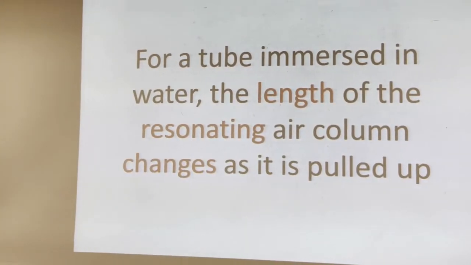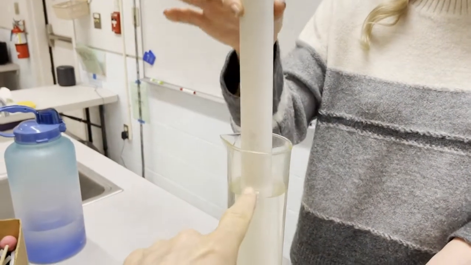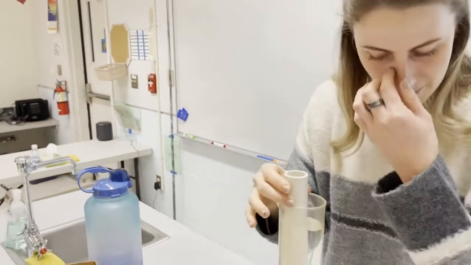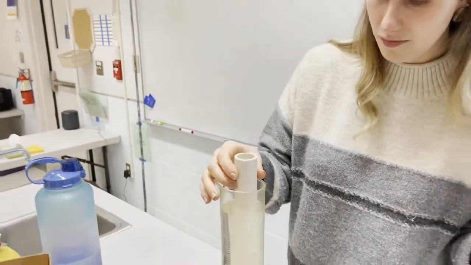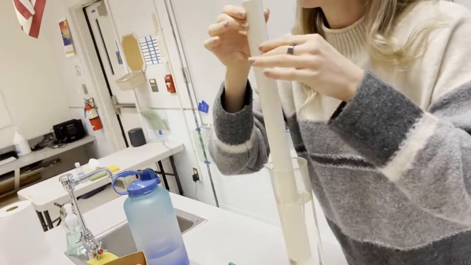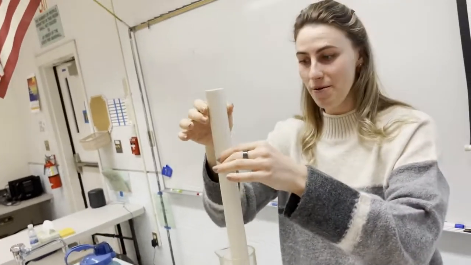But when you have the pipe in water, it's like having your hand right here. As you pull it out, you change the length of the resonating column because the air only goes down to where the water is. Can you hear that okay?